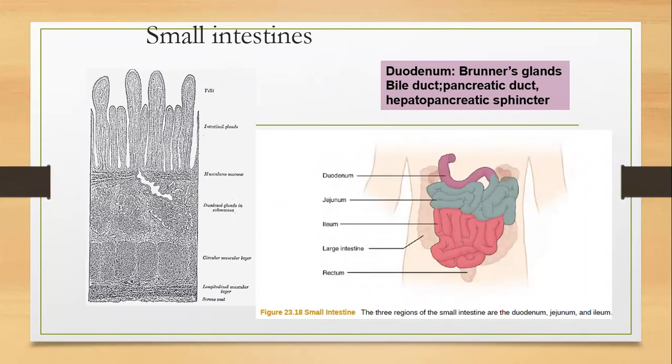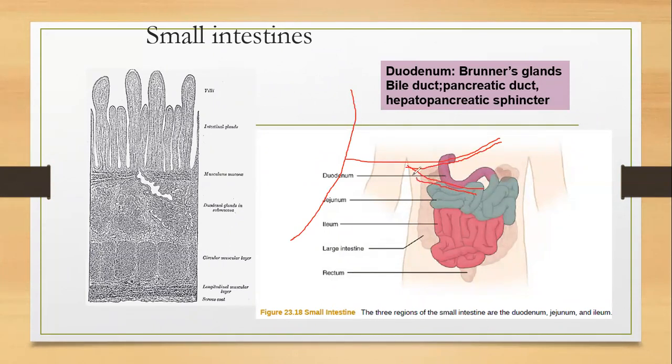I don't know whether I have a good diagram that will show that, but if this is the wall, the duct that is bringing in bile is the bile duct, and the one that is bringing in pancreatic enzymes is the pancreatic duct.